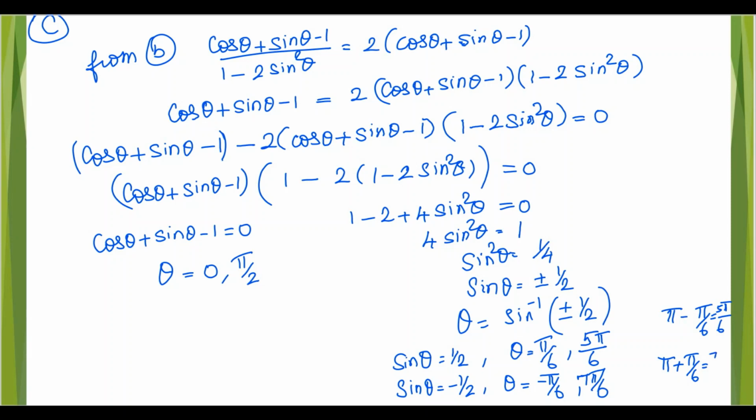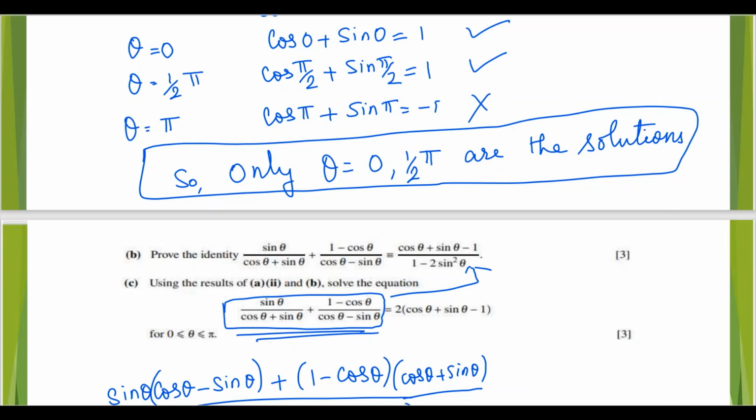It is 7 pi over 6. But both negative pi over 6 and 7 pi over 6 are out of the range. As it is given, theta is between 0 and pi only. Okay, so we are ignoring the negative values, negative pi over 6 and 7 pi over 6.